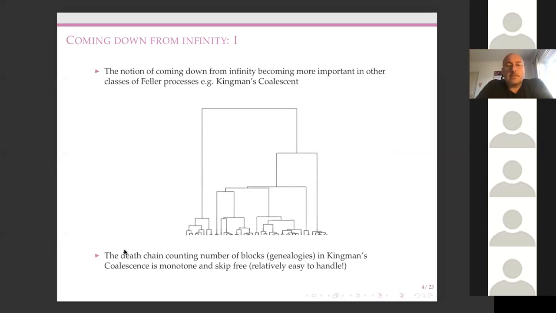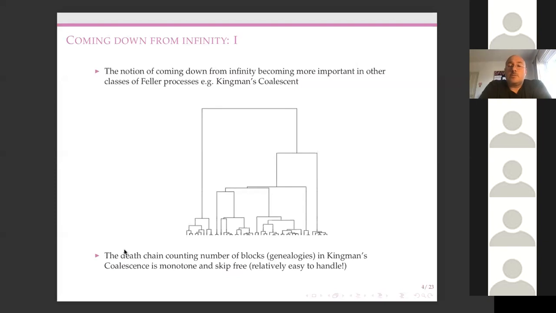This is a model for merging blocks, or equivalently for genealogical evolution if you look backwards in time. Any two blocks merge at a constant rate, so if you have n blocks, they merge at rate n choose 2 times the constant rate at which any two blocks merge.